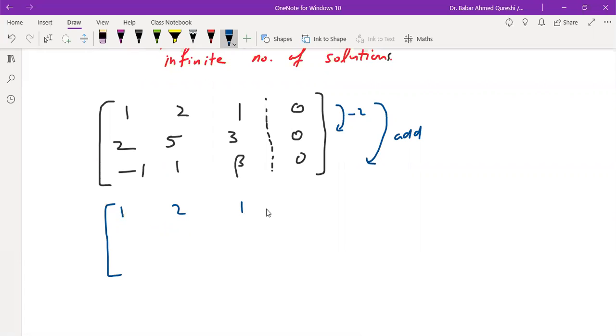One, two, 1, 0, -2 plus 2 is 0, -4 plus 5 is 1, -2 plus 3 is 1, and this is 0. This is 0. 2 plus 1 is a 3. This is 1 plus beta, 0.